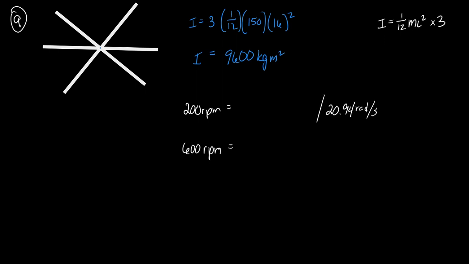I'm expecting this to maybe be 62 point something. All right. Now, from here, all you are expected to do is find the kinetic energy at 200 RPM and the kinetic energy at 600 RPM. You already have I, so it's just 1/2 I omega squared.